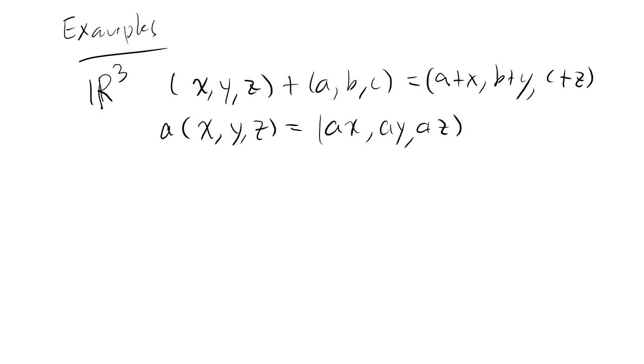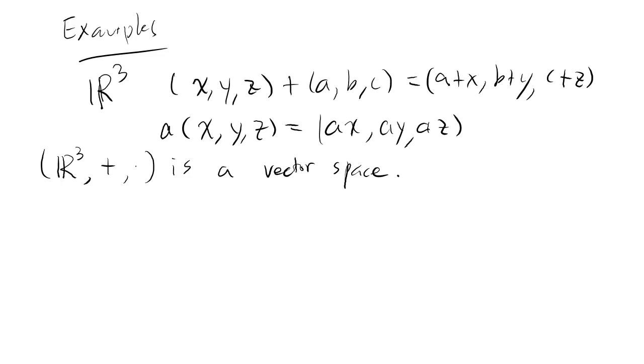So with this scalar operation and with this addition, R3 becomes a vector space. So really what people say is R3 equipped with the addition and scalar multiplication is a vector space. That's just an abstract way of saying something that you already know.